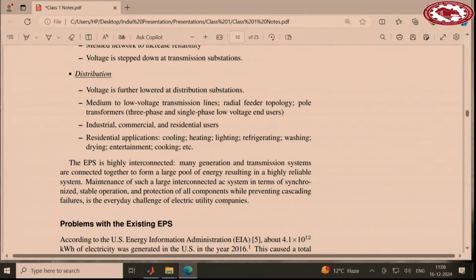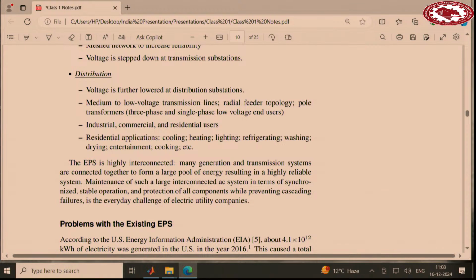The side effect of this approach is now maintaining this huge entity, with a lot of generators and loads and transmission lines and everything. And specifically, this is an AC system. In an AC system, some aspects become easier and some aspects become harder.